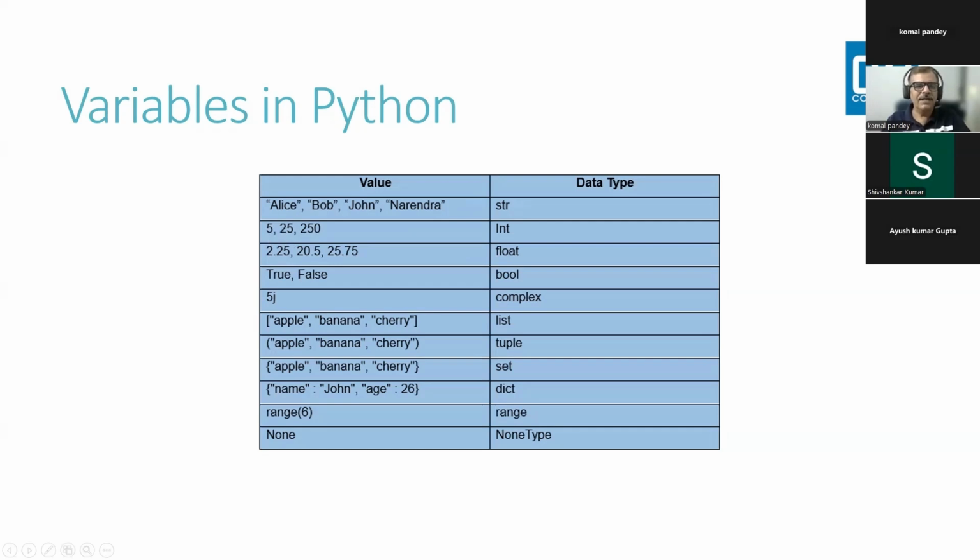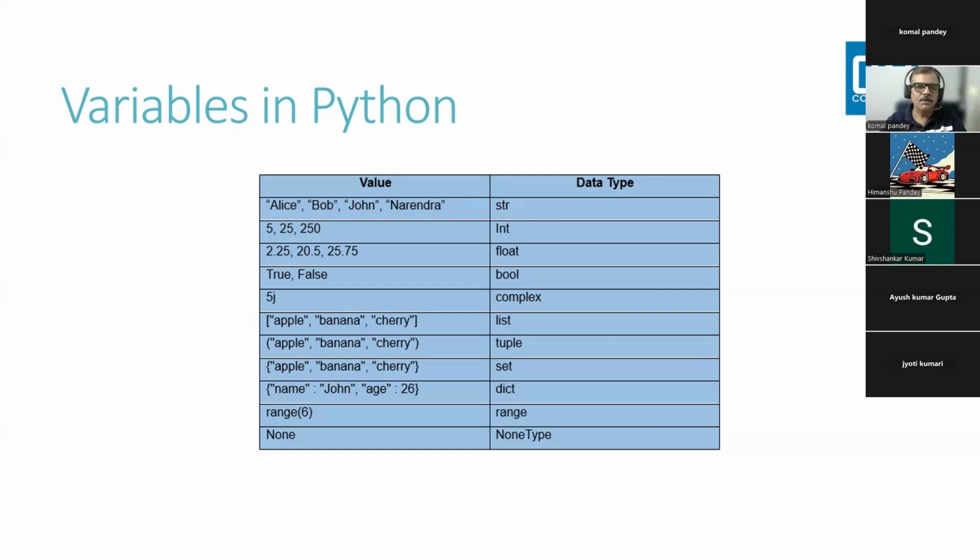If you are dealing with numbers like 5, 25, 250, 500, or minus 10, then the data type will be int. If you are working with decimal point values like 2.25, 20.5, 25.75, the data type will be float. If you are working with true false values, then the data type will be boolean, bool.